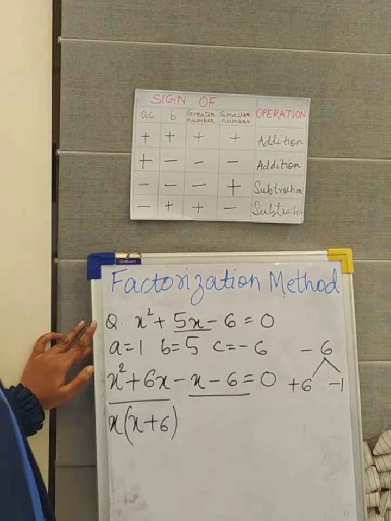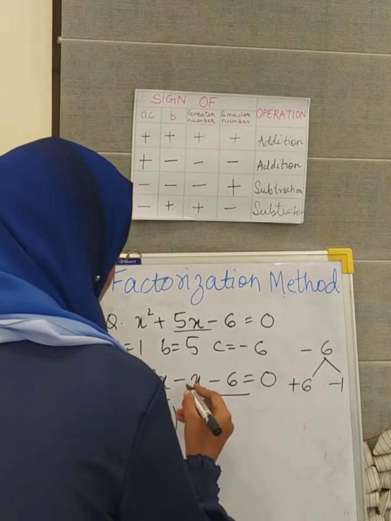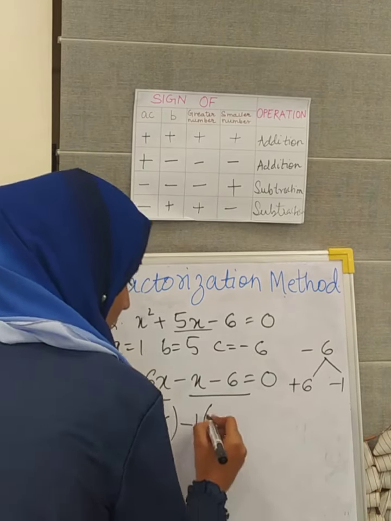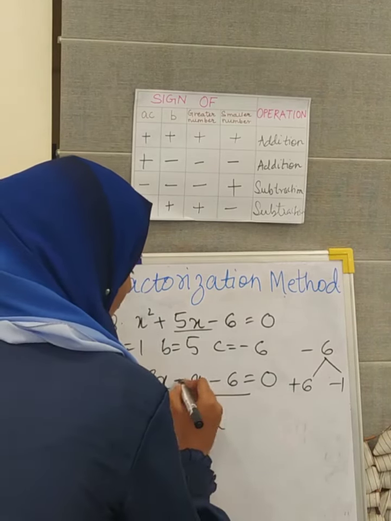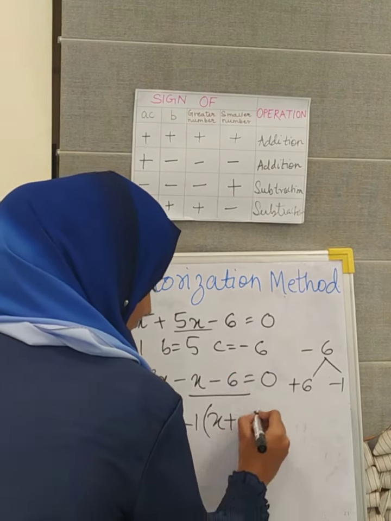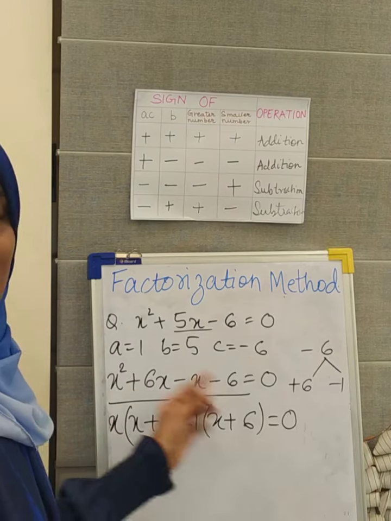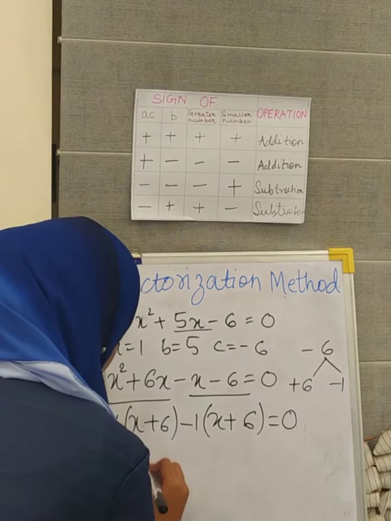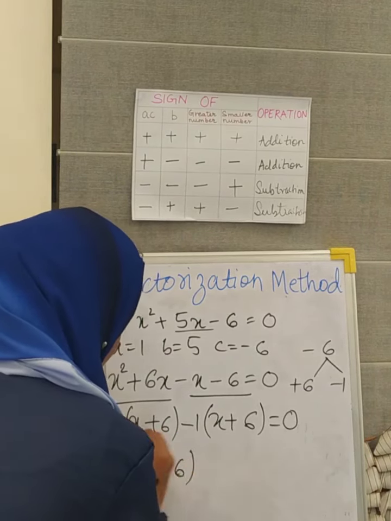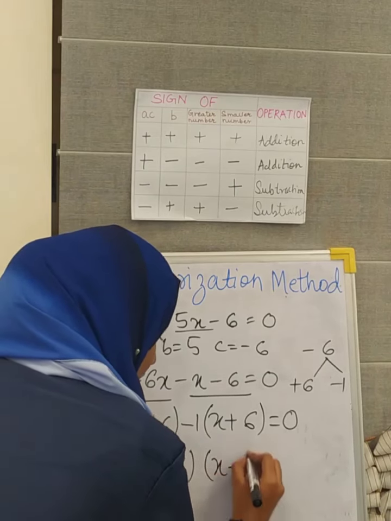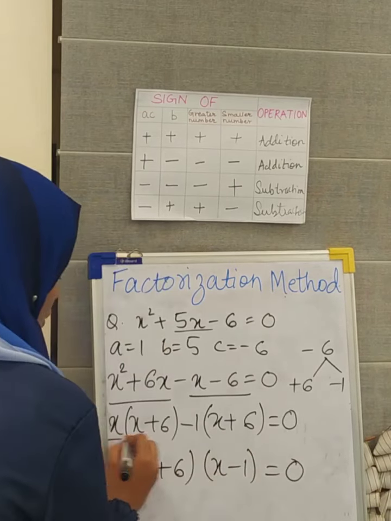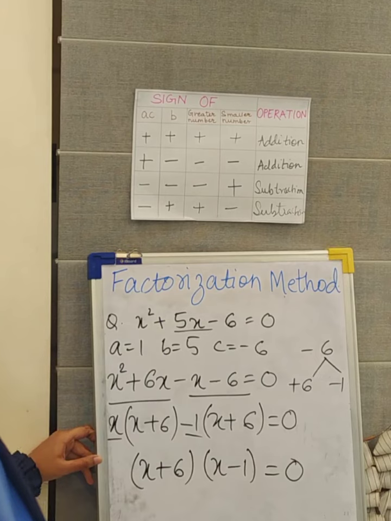In minus x and minus 6, nothing is common, so we will write it as minus 1. X minus minus will become plus 6 is equal to 0. Now both the brackets are same. We will write it once, x plus 6, and in the other bracket we will write x minus 1, which are left outside, is equal to 0.